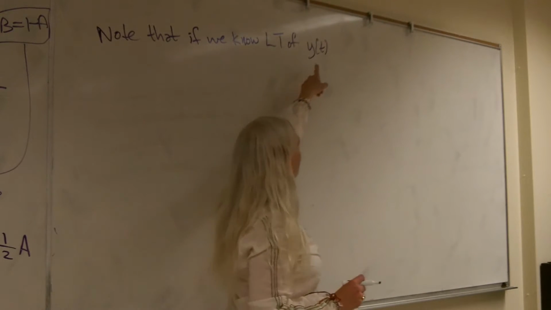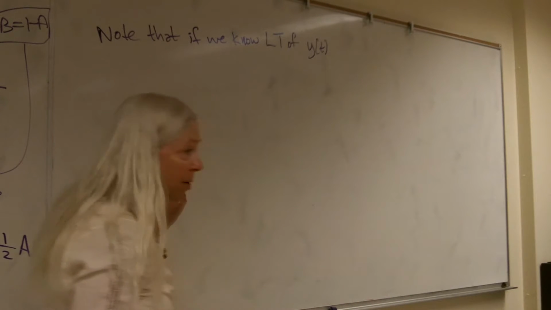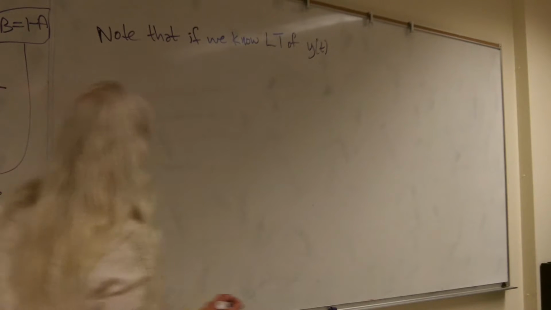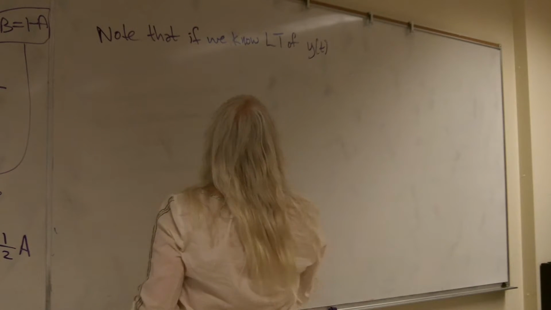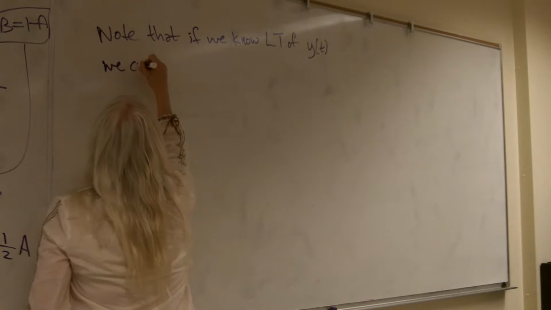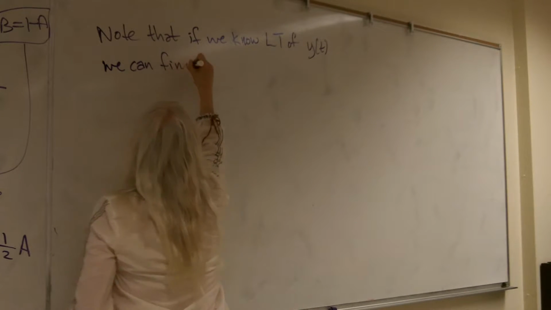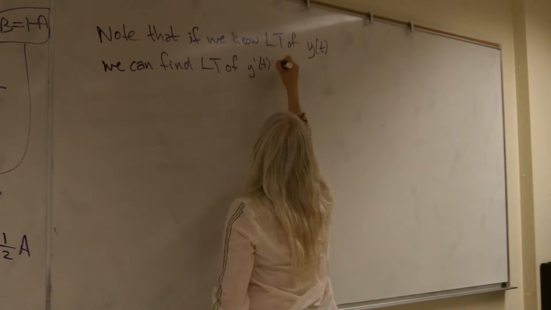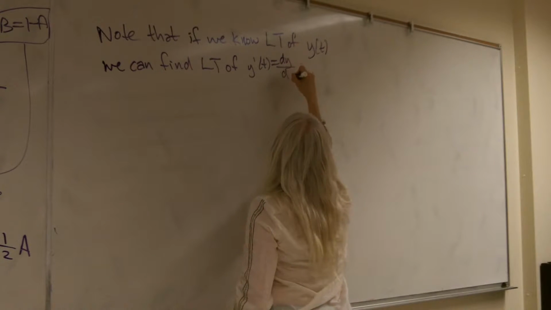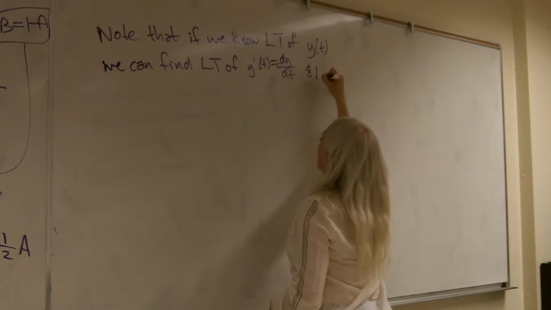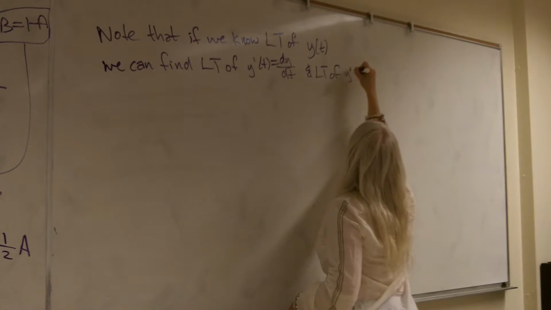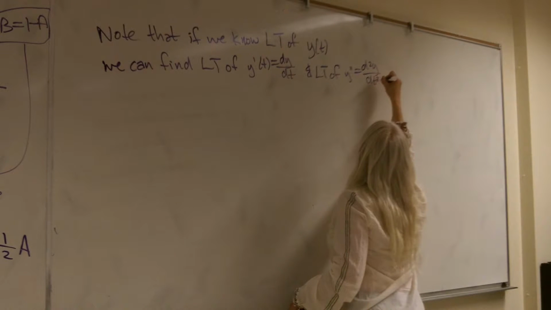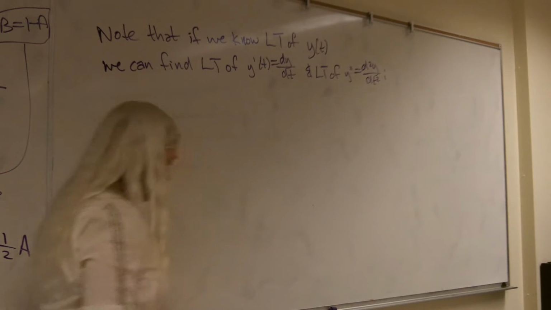Let's say that this is some function, and we know its Laplace transform, maybe because we've actually calculated it, maybe because we've looked it up in the tables. But if we know the Laplace transform of y of t, we can find the Laplace transform of y prime of t, which stands for the derivative of y with respect to t, and the Laplace transform of y double prime, in other words, a second derivative of y with respect to t. So let me show you how we can do that.